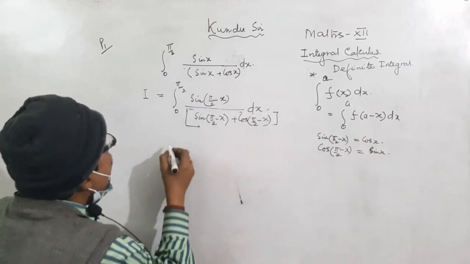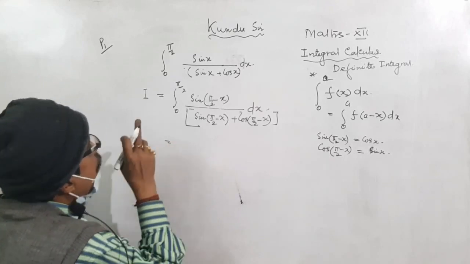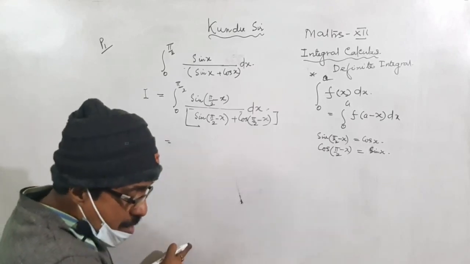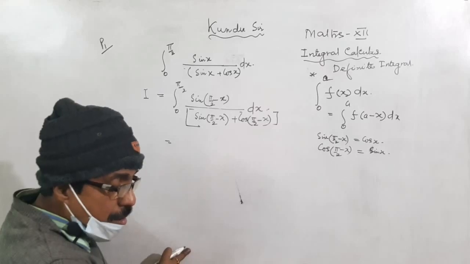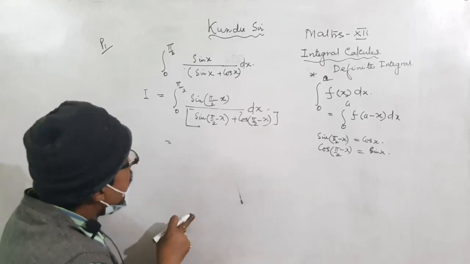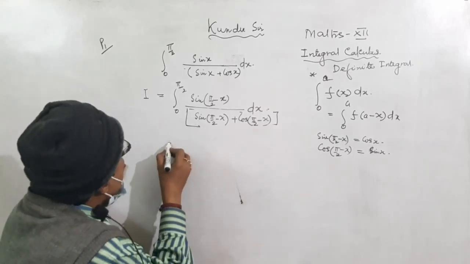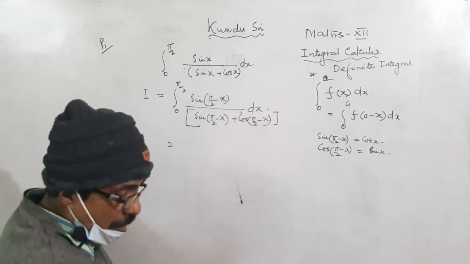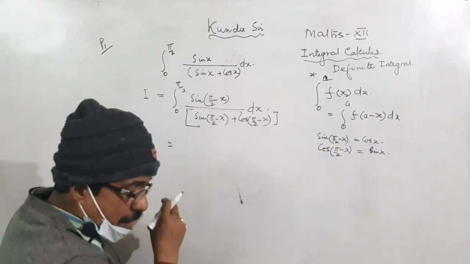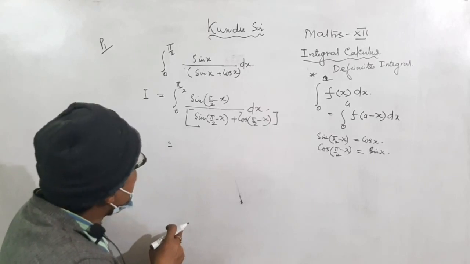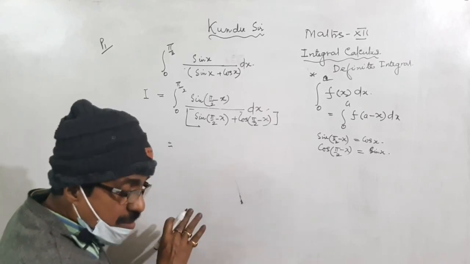So it can be written as I equals cos x upon (sin x plus cos x).